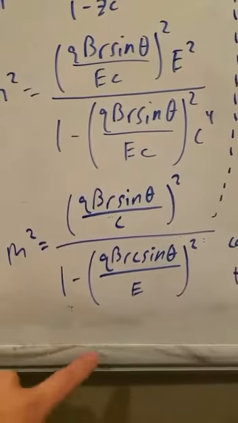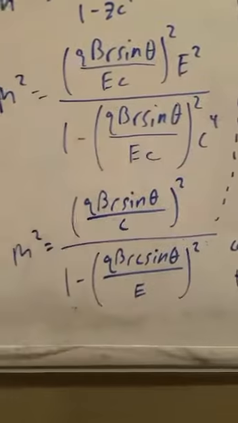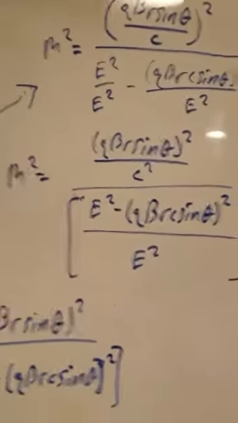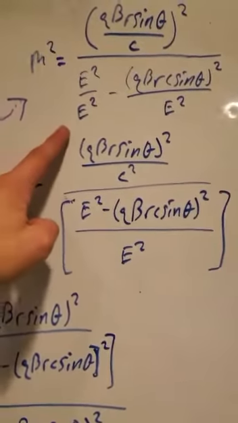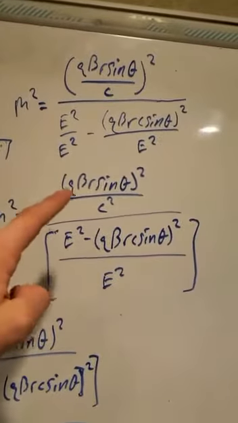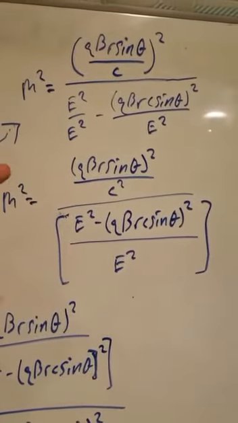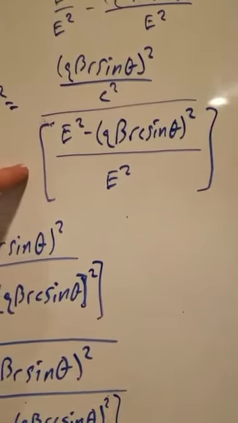So that's why I put that c down there under the squared term. And the e is still squared. So bringing that up here, I now turn the 1 into a fraction, because I want common denominators so that I could fully simplify this fraction in the denominator here. And that gives me this.